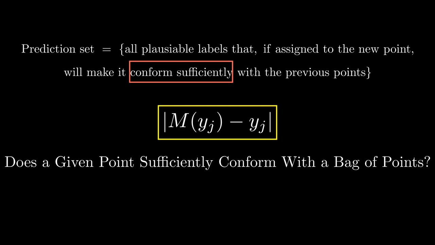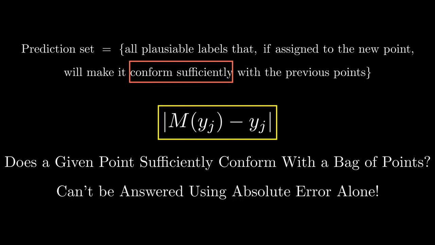Note that this is a binary determination. Once we fix the level of conformity that we deem sufficient, then the point either satisfies it or not. But we cannot make that determination using the absolute errors only, because the answer depends on how well the other points in the bag conform with it.